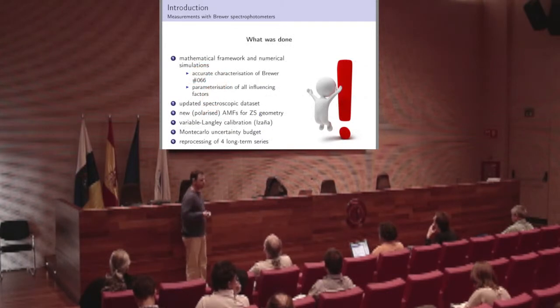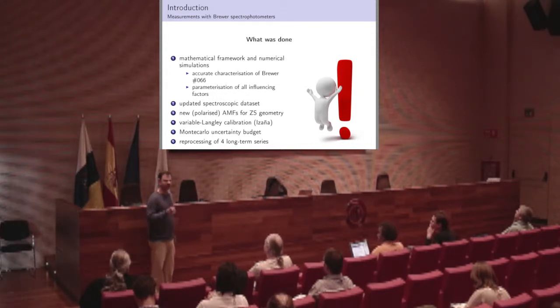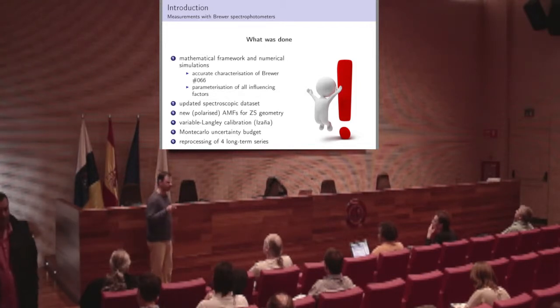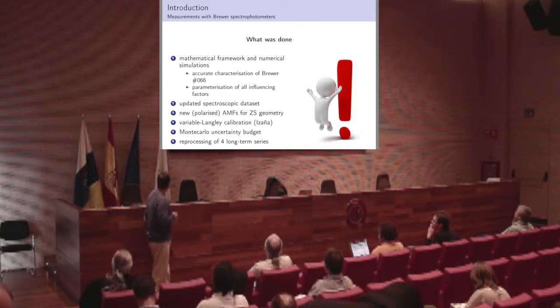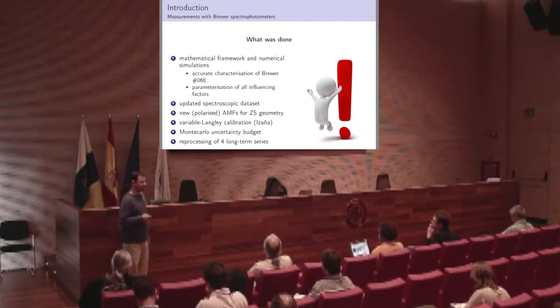What I tried to do during my PhD work was to develop a mathematical framework based on the characterization of the Brewer and the parameterization of every influencing factor on the retrieval. I completely updated the spectroscopic dataset, that is the cross sections. I calculated new air mass factors for the zenith sky geometries.